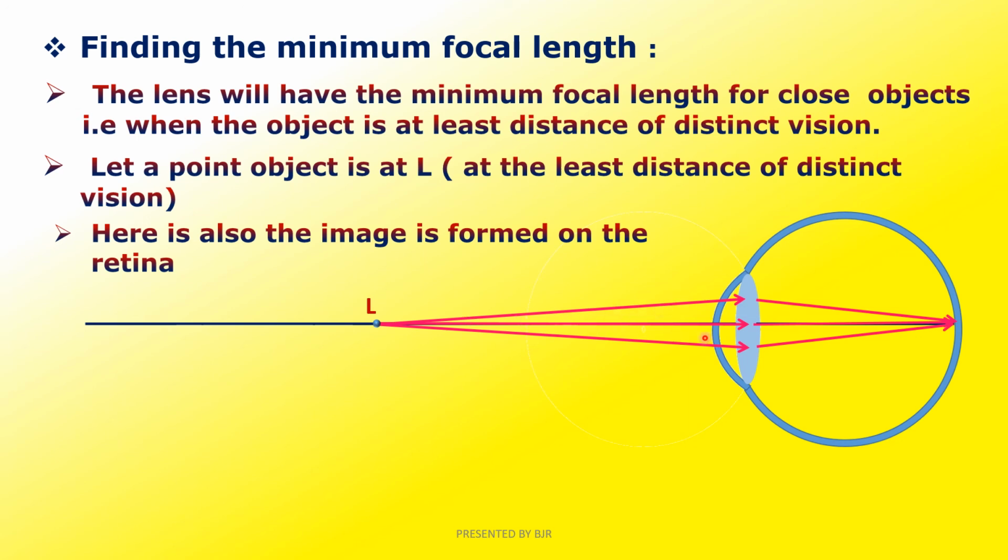Actually the eye lens has its focal point somewhere here, but the incident rays are not parallel to the principal axis. So after refraction, these three refracted rays are meeting again on the retina. Hence its image will be formed again on the retina itself. So for close objects also the image will be formed on the retina by the eye lens.